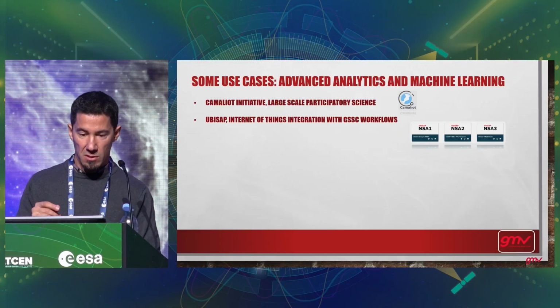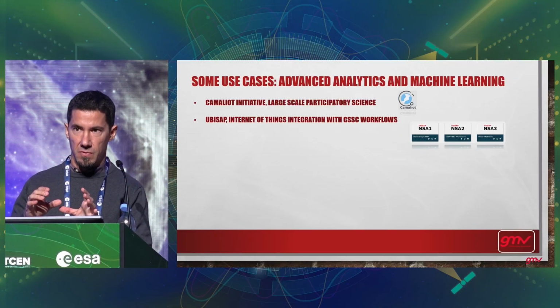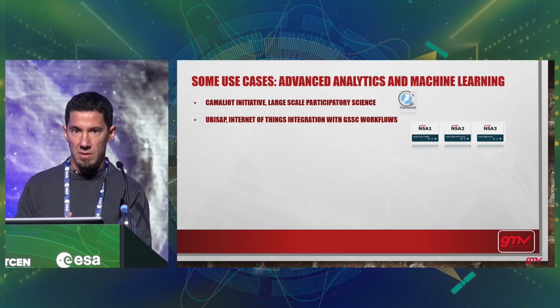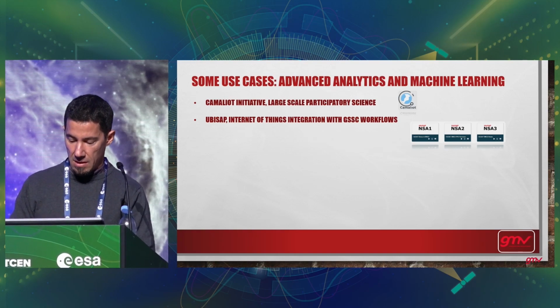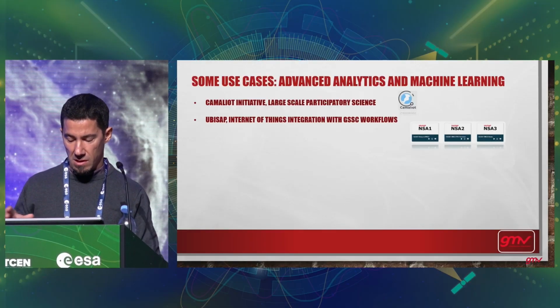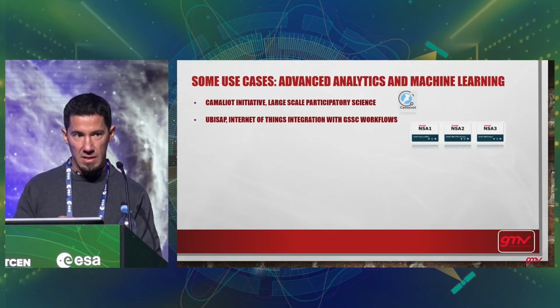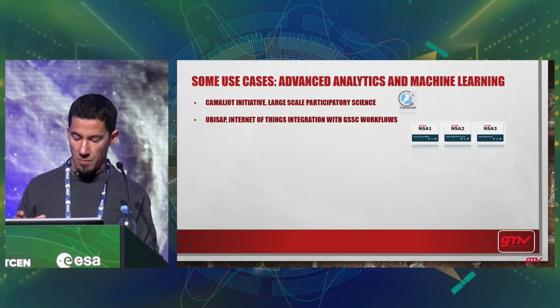For example, the Camaliot initiative collected 50 million observations from smartphones during a 6-month campaign. And all this data were processed within the platform for machine learning-based forecasting of tropospheric and ionospheric conditions, and are now accessible through its dedicated data labs.